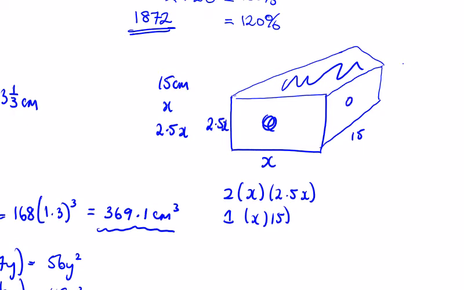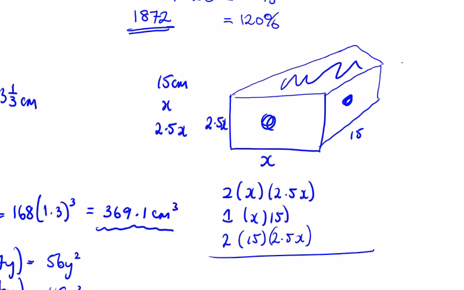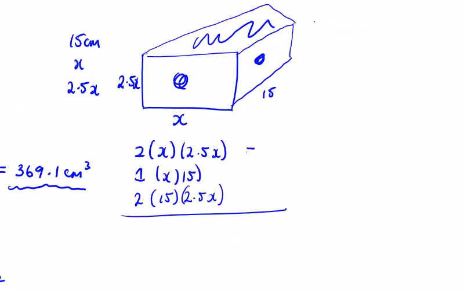And we've also got two of these ones, side and back, which is 2 by 15 by 2.5x. So that's the total surface area. We've only one unknown, and we're told that it's equal to 440 centimeters squared surface area. So we should be able to calculate x, and then we should be able to calculate the volume of the tank.